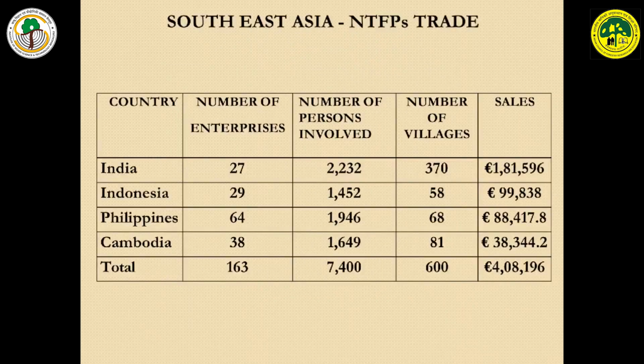So this is just a comparison among Southeast Asian countries, where India, Indonesia, Philippines, Cambodia, how they totally contribute to the world NTFP market. You can see the number of villages involved in collection also, and the number of persons involved. It provides a lot of jobs to the community, where they collect a lot of NTFPs and earn quite a good amount of income for the family.